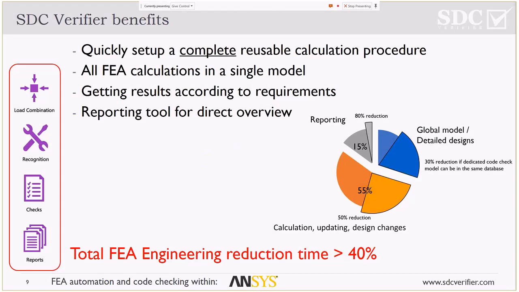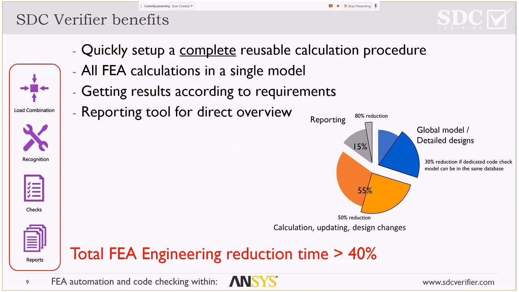And you get your results directly according to the requirements, and you can set up all the required plots and regulations into the reporting tool and store all that together. Yeah, and you only need to click update.